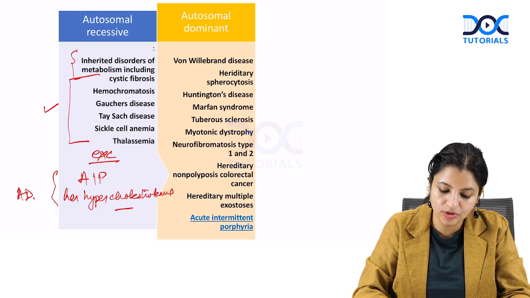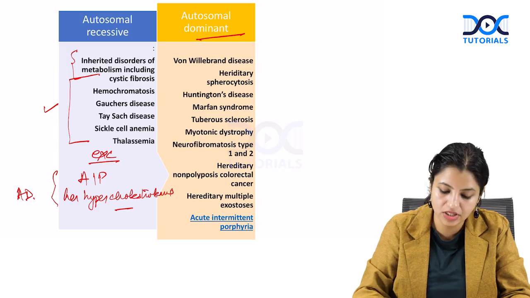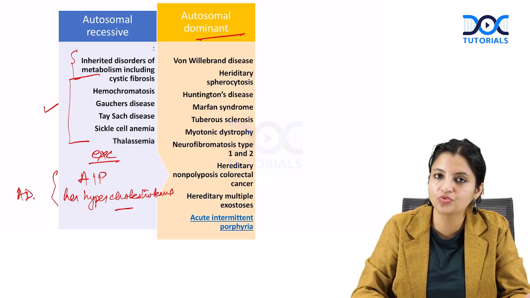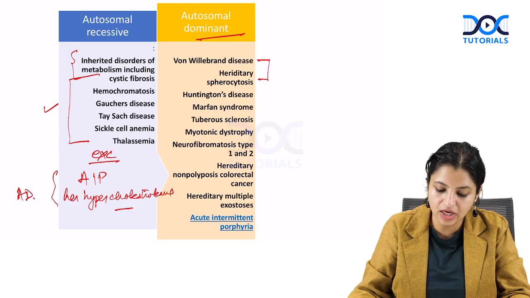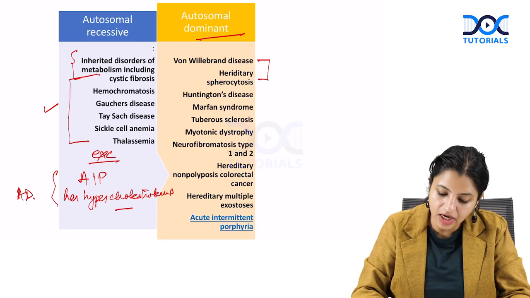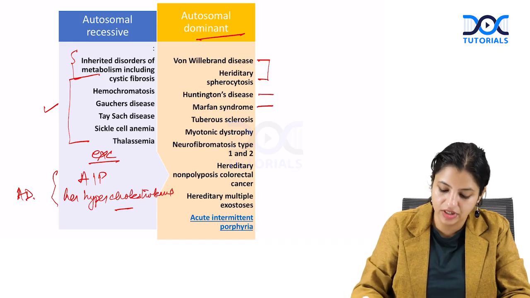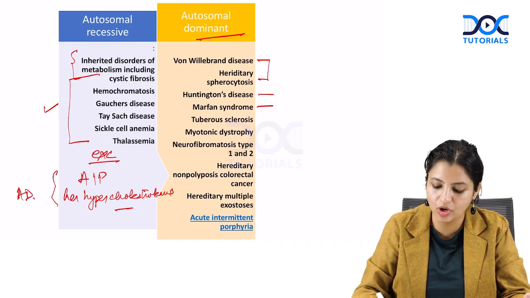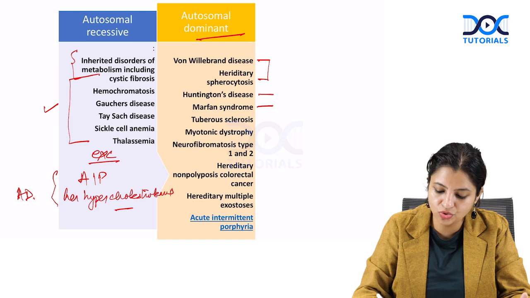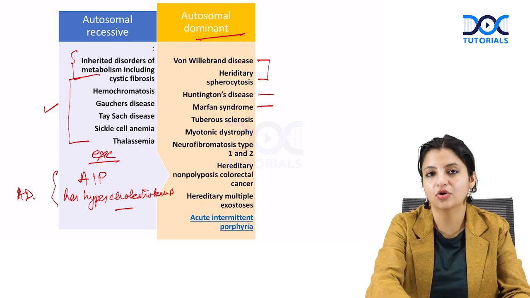Now, coming to the autosomal dominant inherited disorders, always remember two disorders in hematology, von Willebrand disease and hereditary spherocytosis, are autosomal dominant. Apart from that, Huntington's disease, Marfan syndrome, myotonic dystrophy. A clue to remember is that all the neurological disorders and the polyps are autosomal dominant.